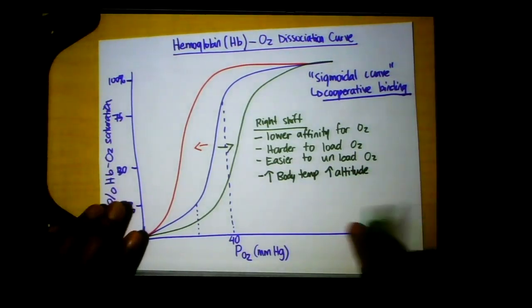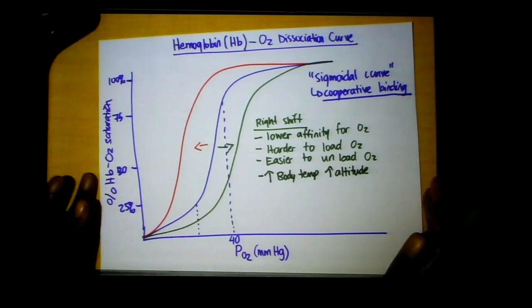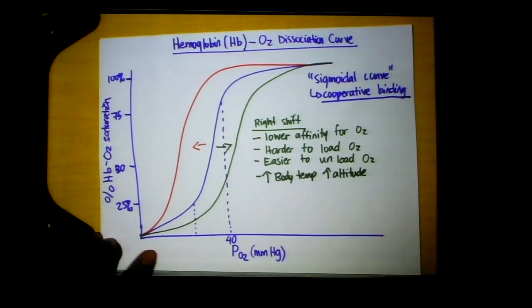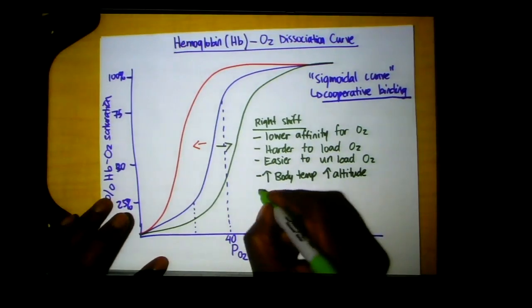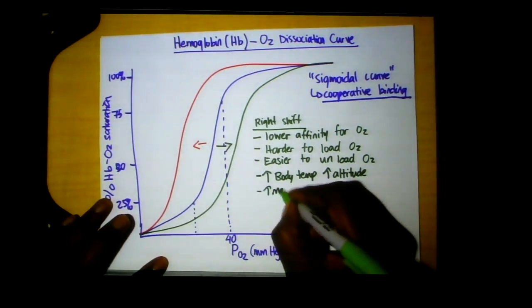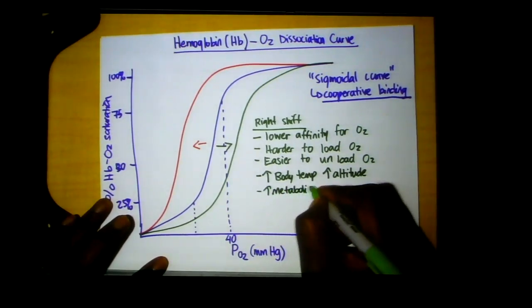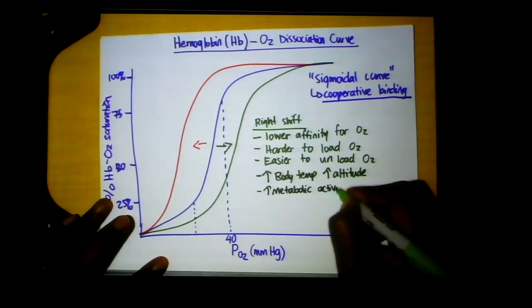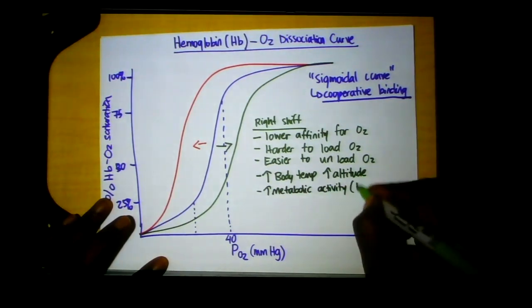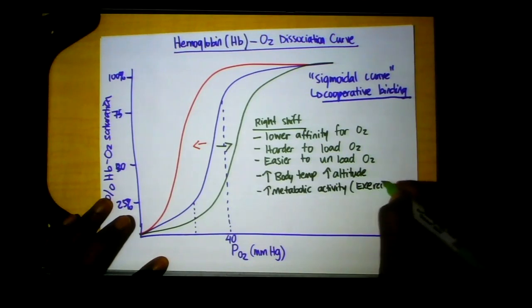And really, anytime we have increased metabolic activity, we have a right shift of this curve. We can think about exercise as a really good example of that.